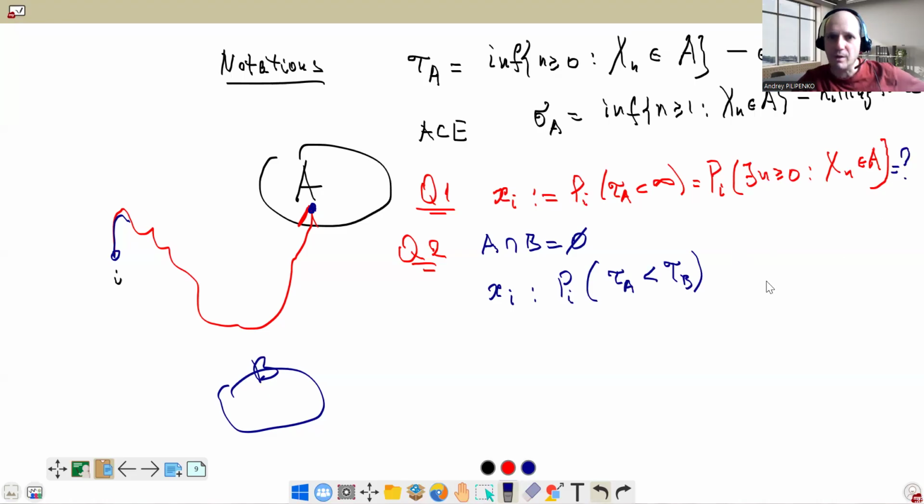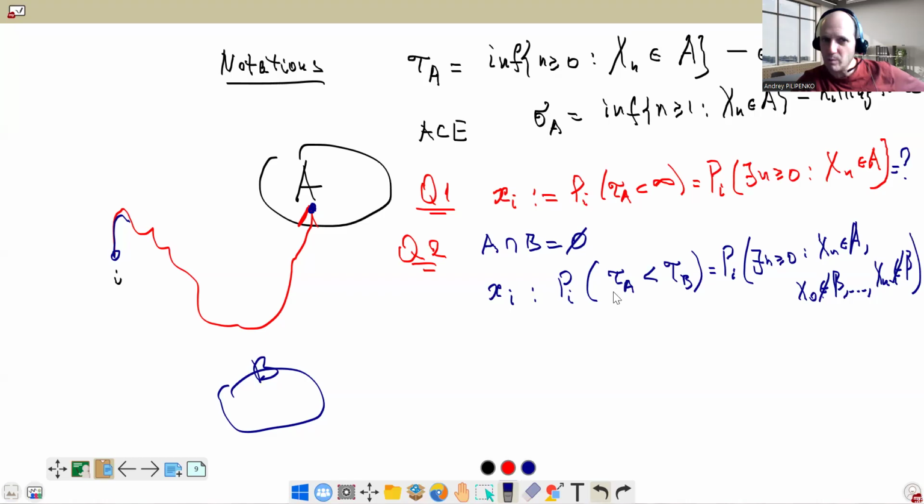So this means that there exists n such that Xn is in A and X0 is not in B, and so on, X(n-1) is not in B. In particular, this means that tau A must be finite.